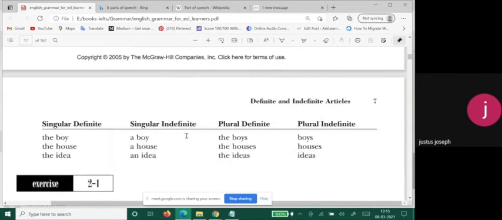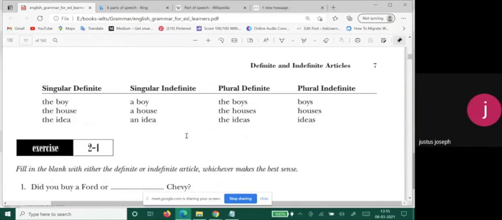Okay, now look at singular and plural. The boy becomes the boys. A boy becomes plural. Can you say "a boys"?